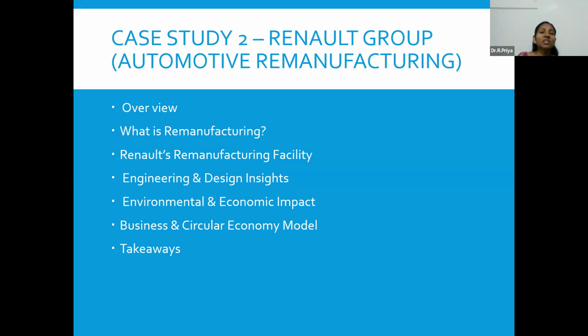The Renault remanufacturing facility was established in 1949. As I said previously, it is the pioneer of remanufacturing. The circular economy is very famous now, but that company implemented it in 1949, a long-standing example of industrial circularity.